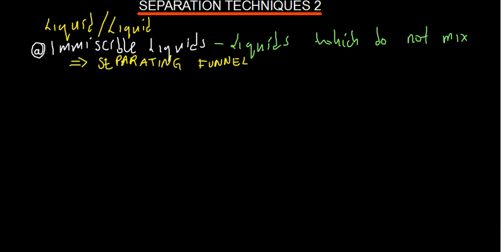So you are going to use a separating funnel to separate these two liquids. Now, how do you prepare a separating funnel? You are going to have a stand. Okay, this is a stand here.